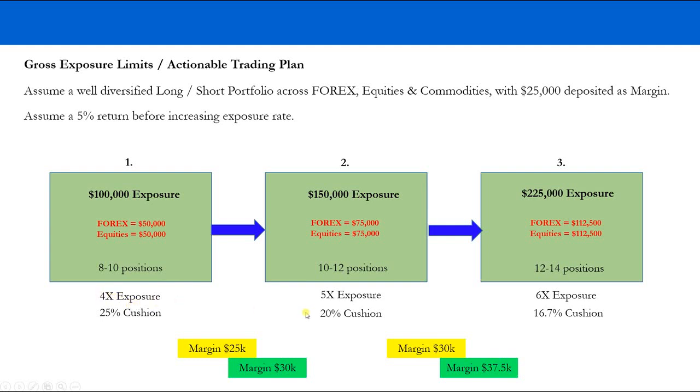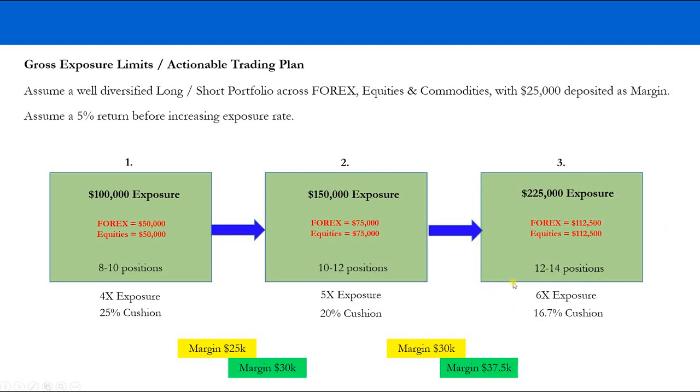So 5 times starting out, 6 times if you're making money, and 7 to 8 times if you're making really good money and you've been consistent and done it well for a good period of time, so around 9 to 12 months. You have to have a good, strong track record to be here.